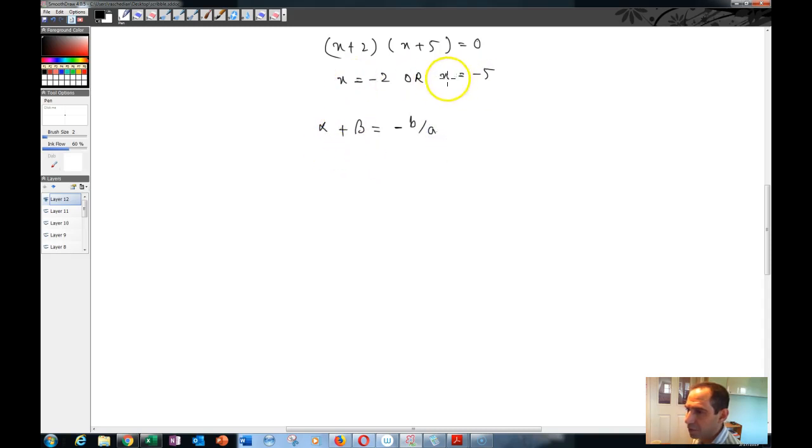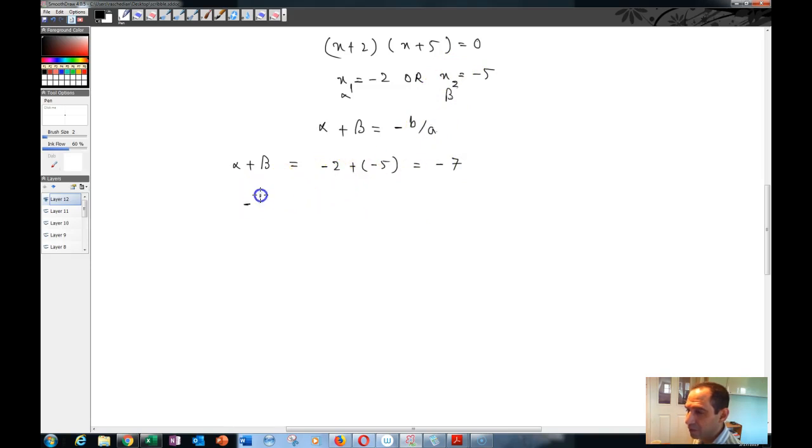So what is alpha and beta? Let's say x1, x2, so call this alpha and call this beta. So negative 2 plus negative 5, which is alpha plus beta, is equal to negative 7.